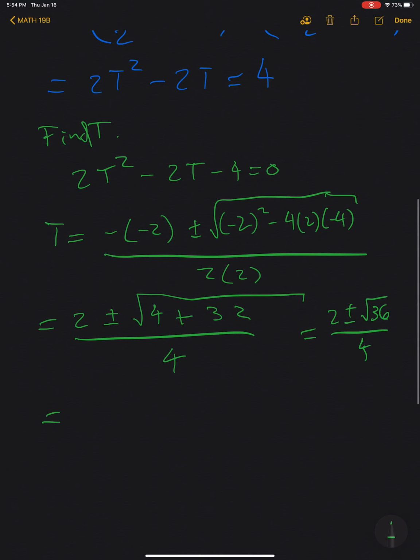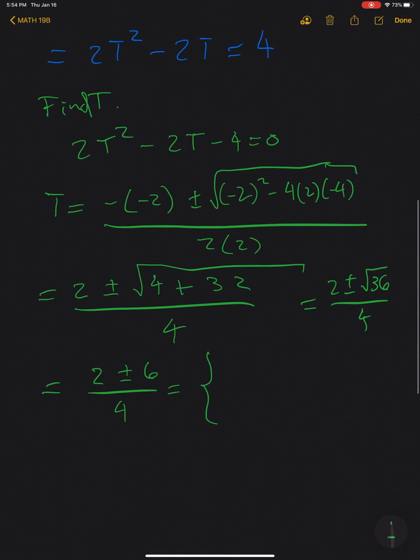So I can do this one. This will be 2 plus or minus 6 divided by 4. And this gives me two solutions: 2 plus 6 divided by 4 and 2 minus 6 divided by 4. So the first one is 8 divided by 4, which is 2. And the bottom one is negative 4 divided by 4, which is negative 1.